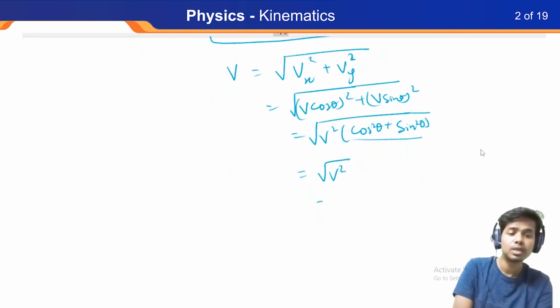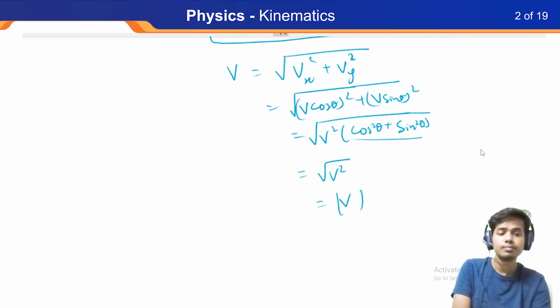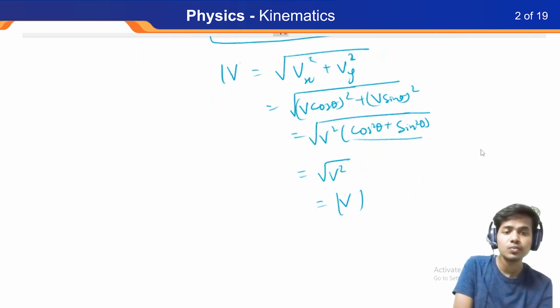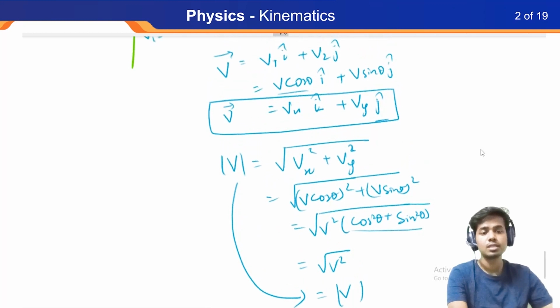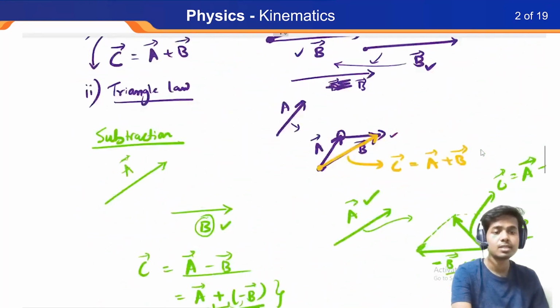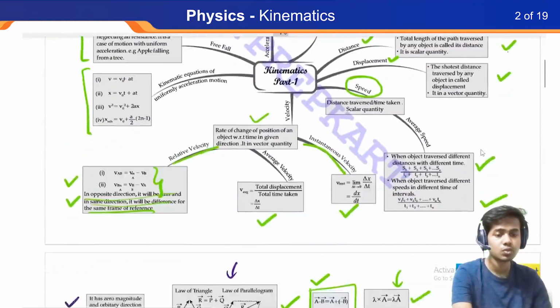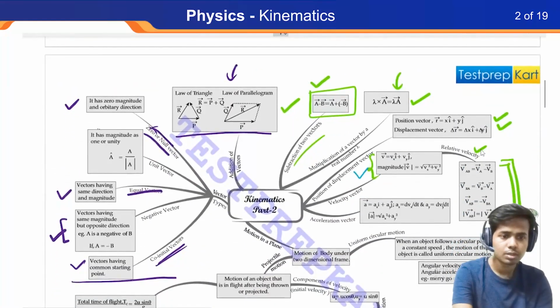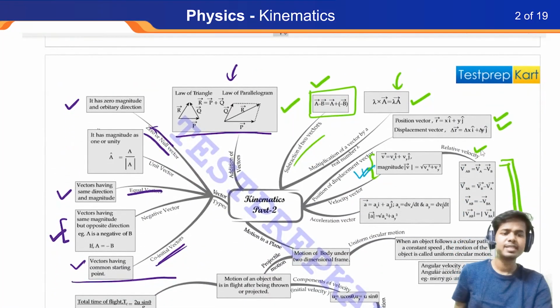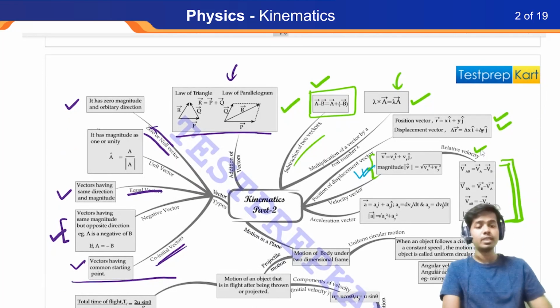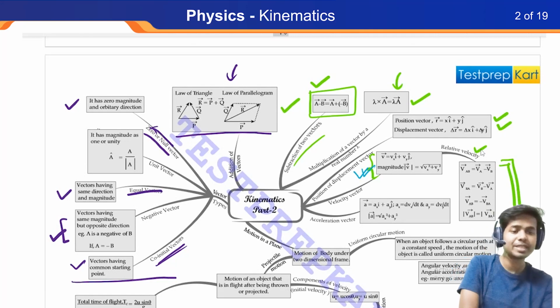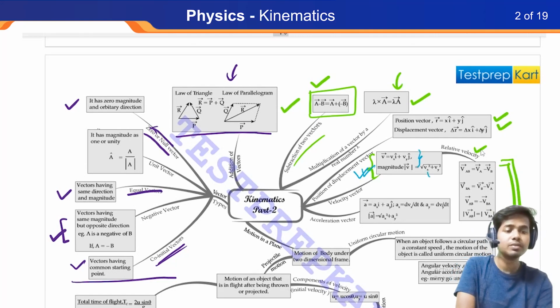So under root v square, which is nothing but v. What you started with is what you end up with. So this tells us that what we assumed in this case was actually true. And in the same manner, since velocity and acceleration are vector quantities, we can extend whatever we did with the velocity to the acceleration as well.